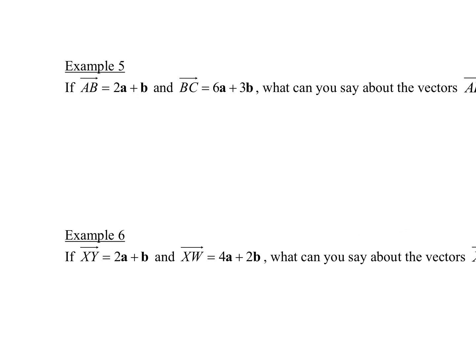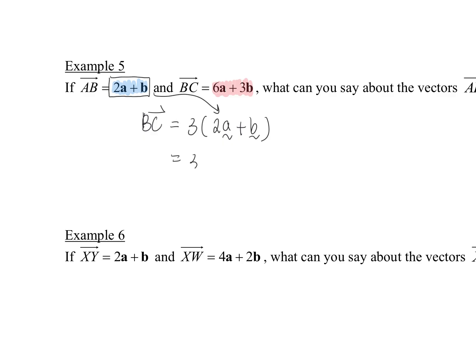Okay, let's look at example 5. One look at it, you know they are not equal. In fact, if you compare BC and AB, they are proportional to each other. Can you see that in BC, I can take out the common factor 3, and then I have 2A plus B. So this 2A plus B is actually my AB.